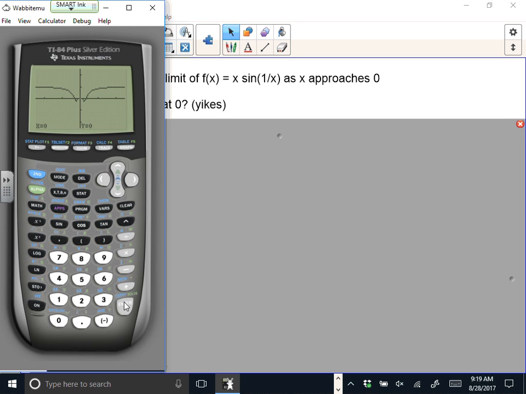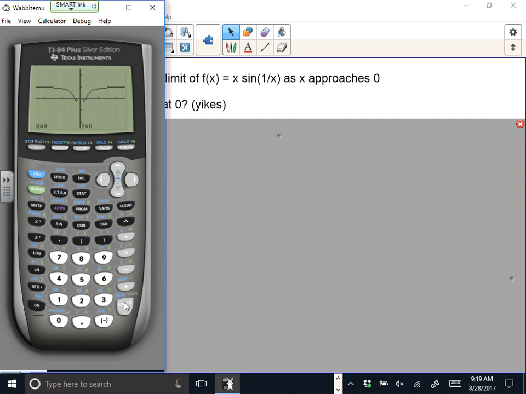We know that the sine of anything has to be between which two numbers? Like the sine has outputs that are in between what two ranges? -1 and 1. So the sine of 1 over x is not going to give us outputs bigger than 1 or less than -1.